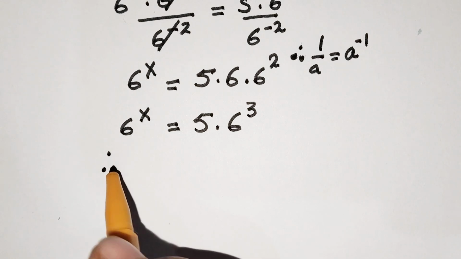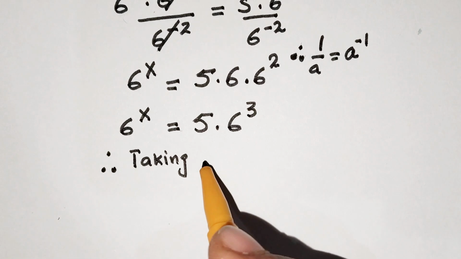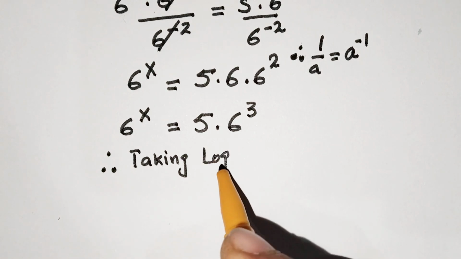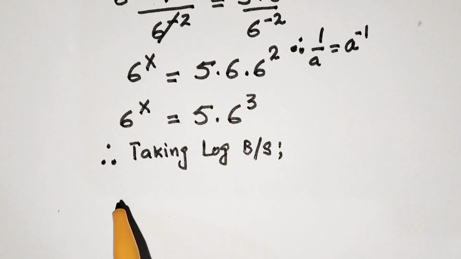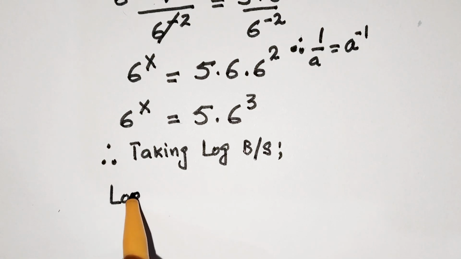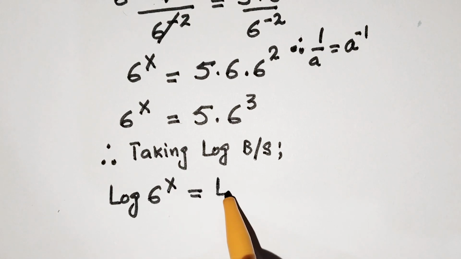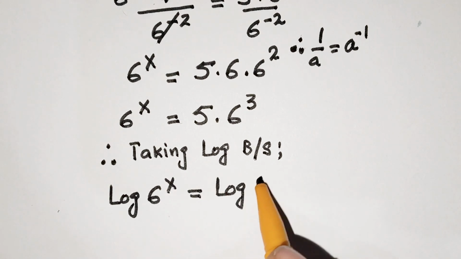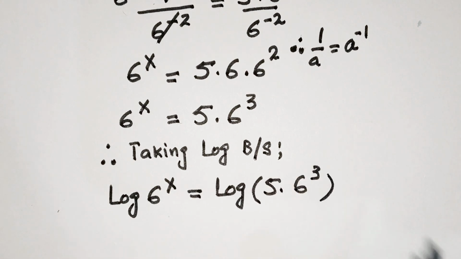Taking log on both sides, we get log 6 raised to the power x, and similarly on the right hand side log of 5 times 6 raised to the power 3.